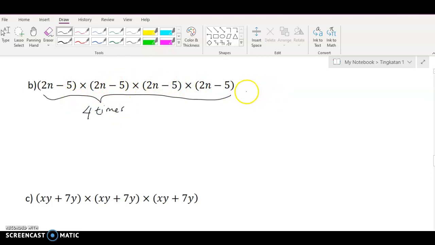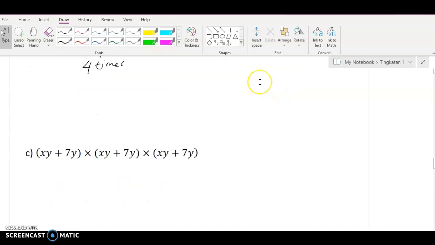So you put the bracket with the power of 4, and all the terms inside the bracket, you just copy back: 2n minus 5. This is how you simplify repeated multiplication that involves brackets.